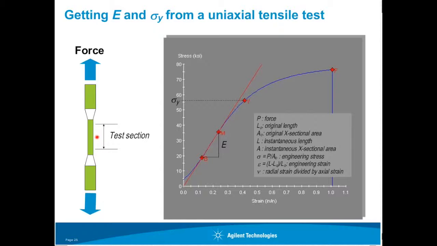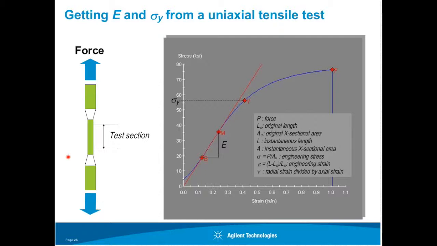That might be a square or rectangle, or simplest yet, a cylindrical cross-section. So let's just think of this as a cylindrical cross-section, and then we would apply force by some means to both ends of the section to stretch it and watch the deformation.